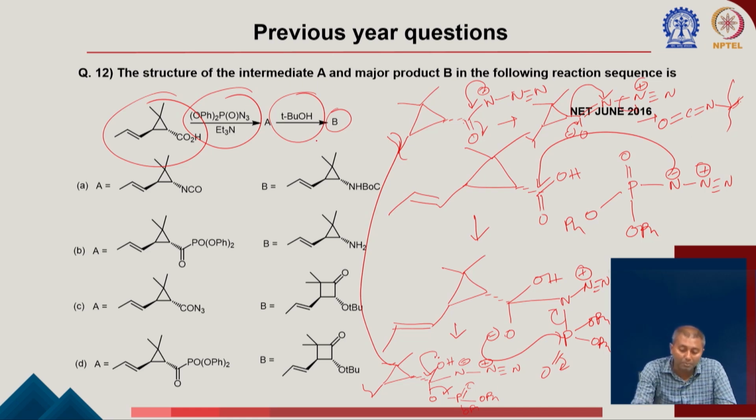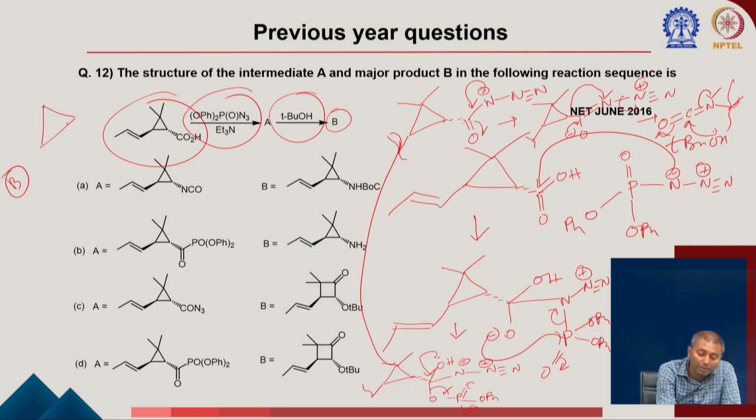Once you know this isocyanate is going to form, you treat it with the corresponding tert-butanol. That can attack the corresponding CO, this is going to come back, and then it can form an N minus. So, the same stereochemistry will be written here, the acid stereochemistry will be retained, it will only convert to the corresponding NH. So, in the product, B is going to be a structure like this, where the cyclopropane stereochemistry will be retained.